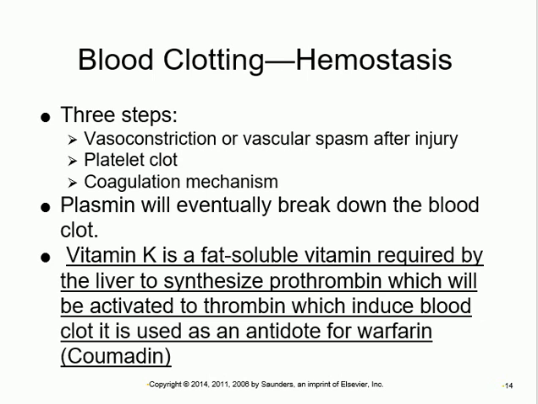And thrombin is going to activate fibrinogen to fibrin. And this fibrin will make blood clots. It's basically fibers that make the blood clot. So what's the importance of vitamin K? Used by the liver to make prothrombin.